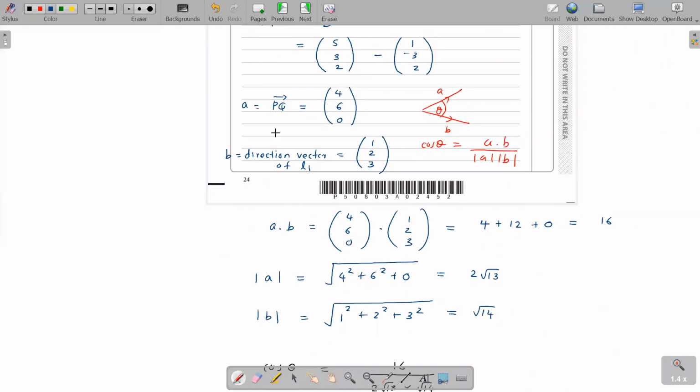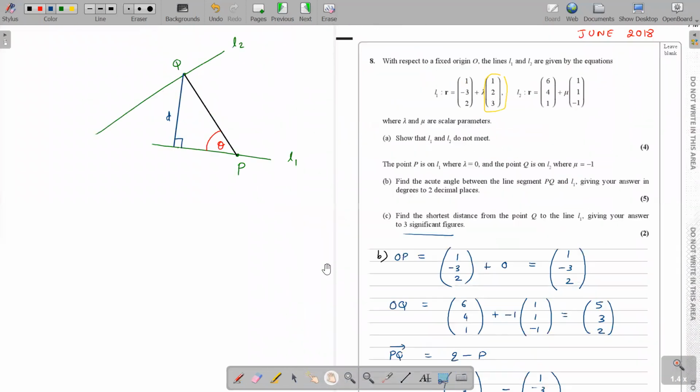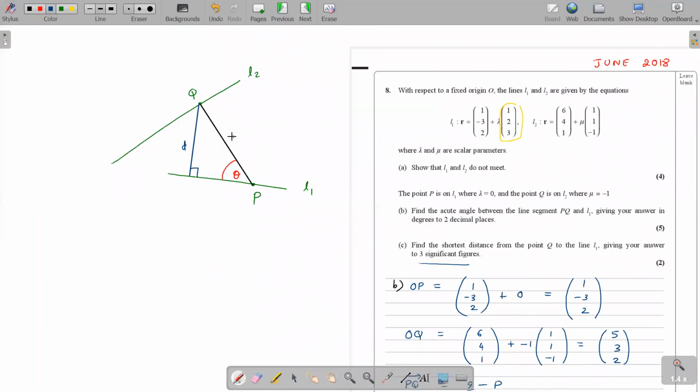When we were finding the equation of the line, the PQ vector was found, and I took the modulus of PQ: 4 squared plus 6 squared plus 0 squared, square root, is 2 root 13. So PQ magnitude is 2 root 13. Can you see?